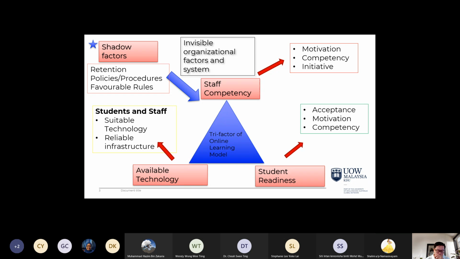I have gone through challenges I have read, and I've also implemented certain policies and key areas at the institution. So what I've come up with is this rough model over here. This model that I created, as you can see on the screen, is derived to a certain extent from the Sarvakshan model. What I've seen is this basic model is this thing called the trifecta of online learning.